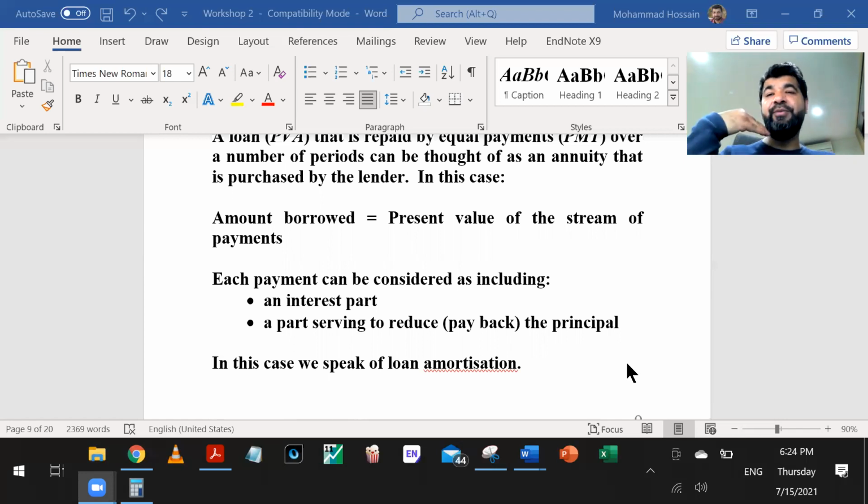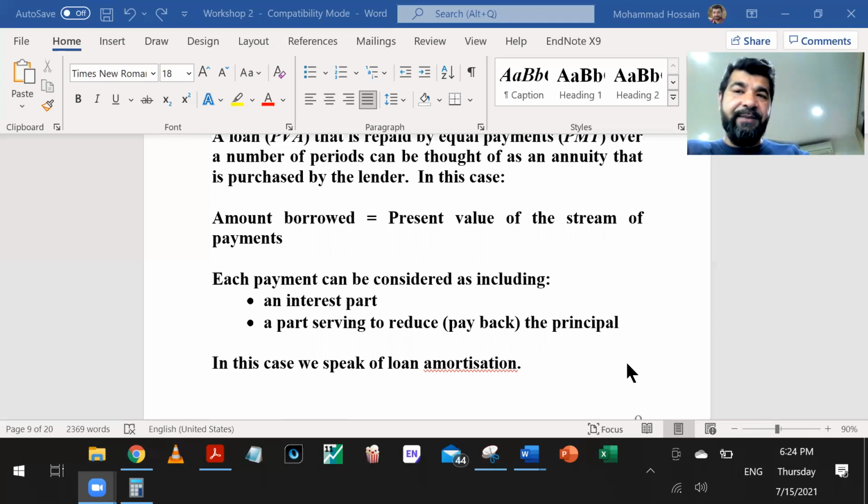So let's say you took a loan from the bank for your car. $500,000 would be too much, so let's say $30,000. Now, let's say every month you are making a payment of $500.